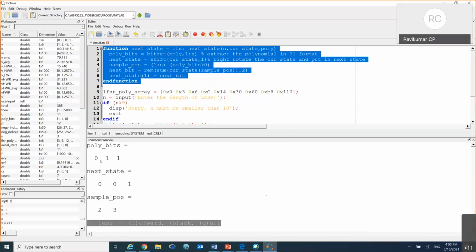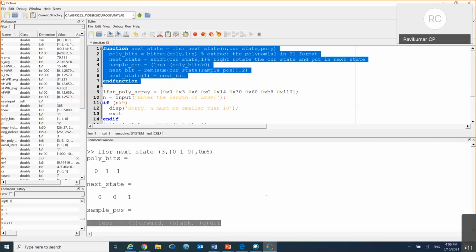So poly bits are 0, 1, 1 in this reverse order. That means these are the two bits that will be shifted. Next state is initially 0, 0, 1. See, how did that happen? I didn't say 0, 0, 1. I said 0, 1, 0, right? Oh, that is because it is shifted. Okay, fine. 0, 1, 1. When I shift, okay, this is correct. 0, 1, and it shifted, that's correct.